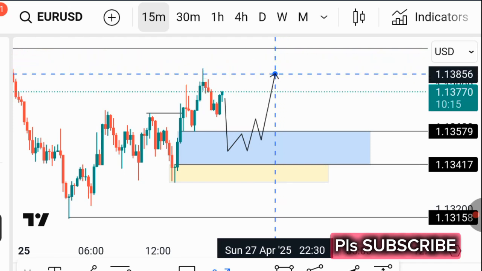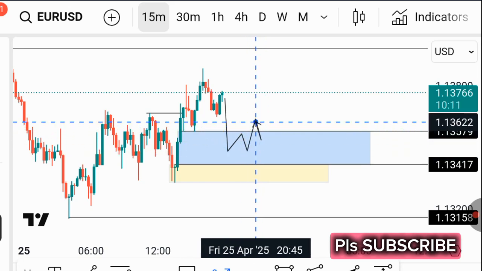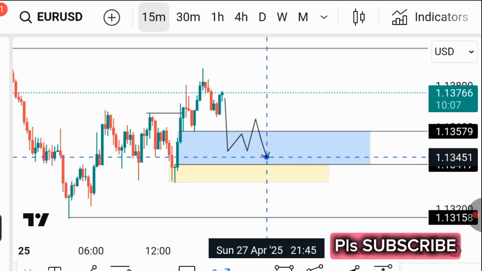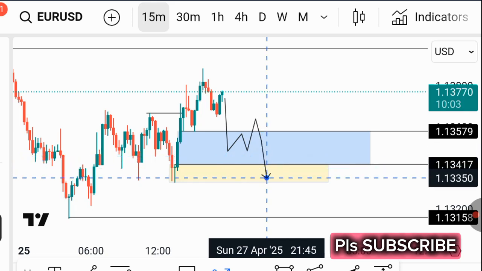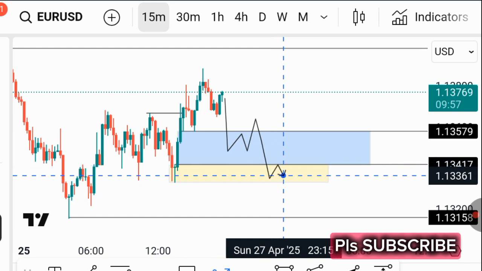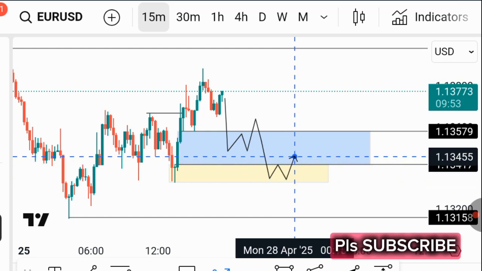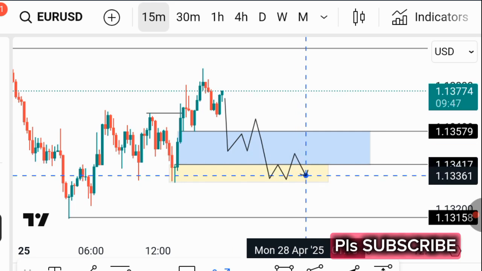But meanwhile, once it breaks the structure and retraces back, you should expect in most cases, guys, price to drop down to this order block here and then create another W pattern or whatever pattern it wants to create, giving you a retracement on a lower time frame.